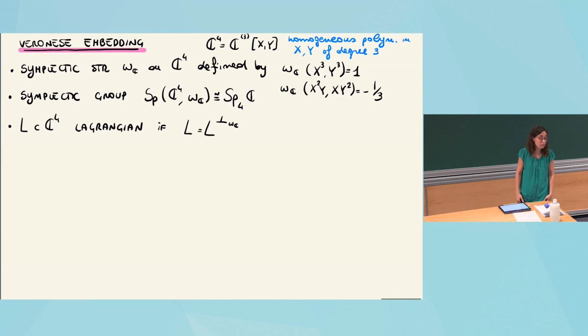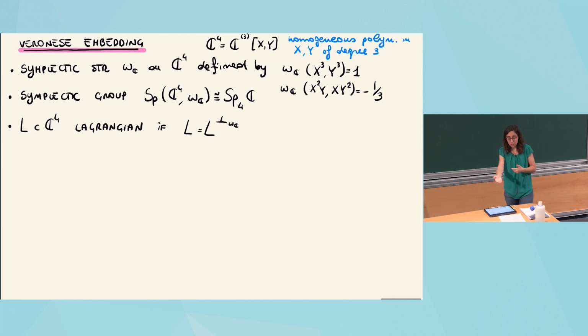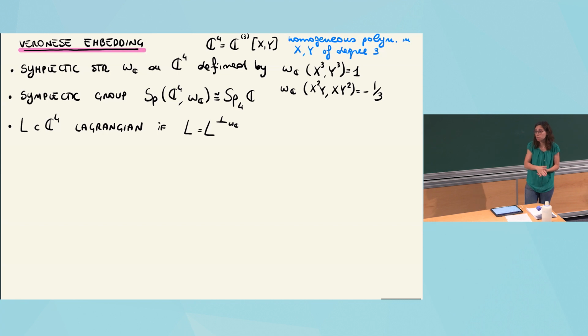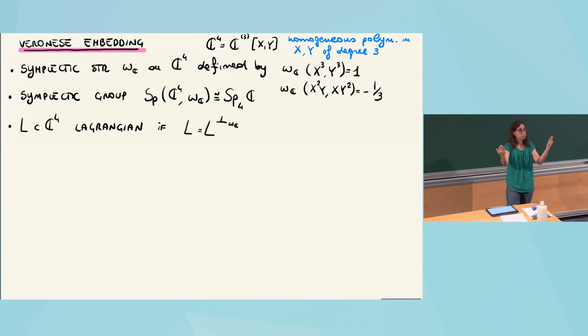Okay, so we'll go into the details of this construction. Maybe just some background. When you want to think about the reducible representation, the way to think is to consider C4 as homogeneous polynomials of degree 3 in two variables, and you can define a symplectic structure concretely, where in this case you pair x^3 and y^3 as 1, and x^2y and xy^2 as minus 1/3.